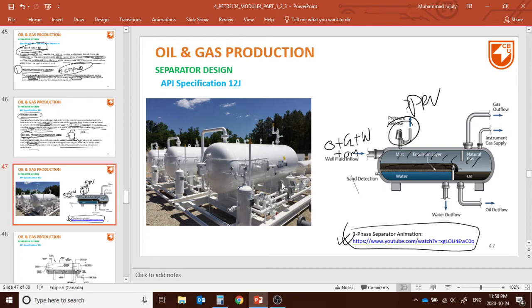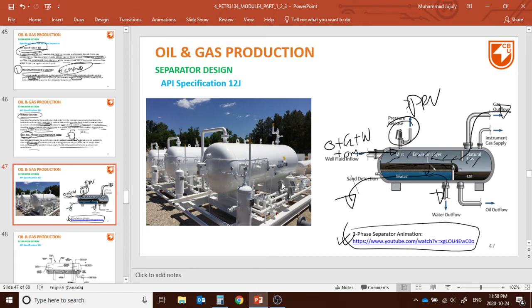There is something we call retention time. We put the oil, gas and water all together, and then we give a specific time. Since the gas has higher volatility and lower specific gravity, the gas will go up and go out. The oil and water are denser. Water's specific gravity is higher, so after a certain time the water will settle down and be removed through here. Sorry, the outlet is here.